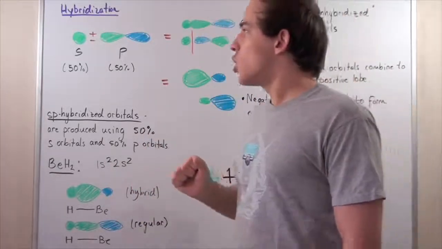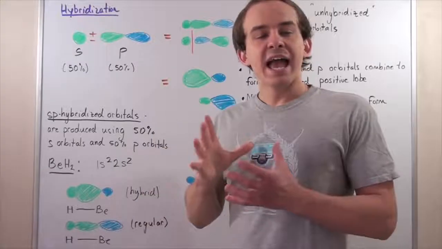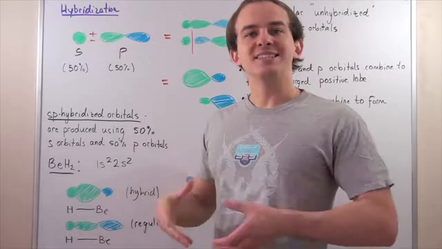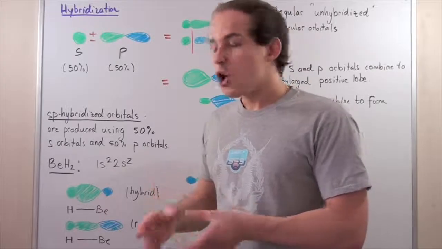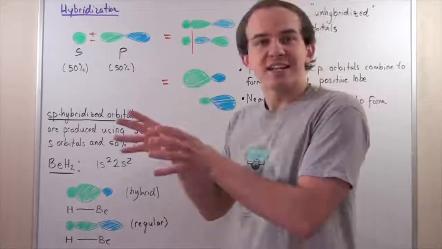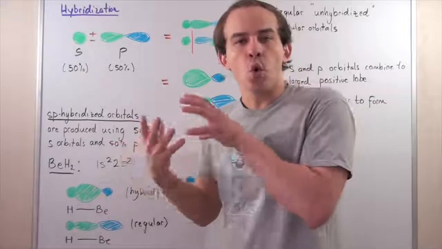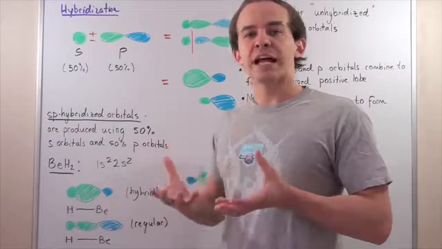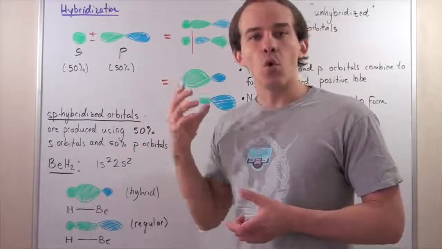Now let's suppose we have a single atom, and that single atom has both an s orbital as well as a p orbital. What happens is, within that single atom, these two orbitals can combine in such a way to produce something that we know as hybridized orbitals.